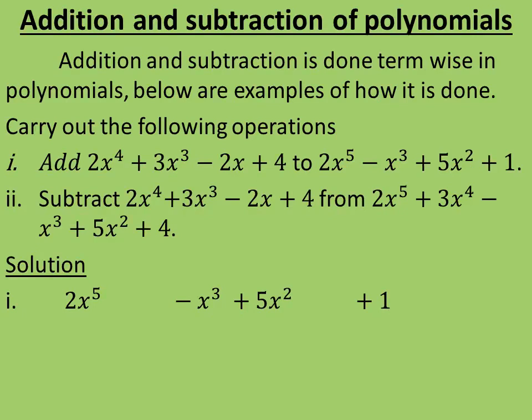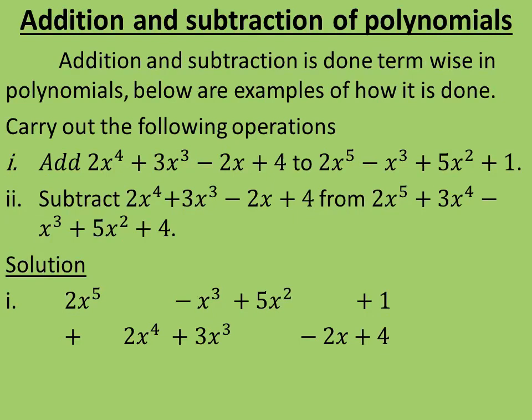But what we mean by term-wise is that the powers of the variable will determine how you are going to add. For example, now look at these two polynomials in equation 1. One is 2x raised to power 5 minus x raised to power 3 plus 5x raised to power 2 plus 1.